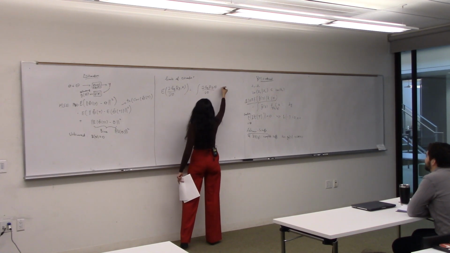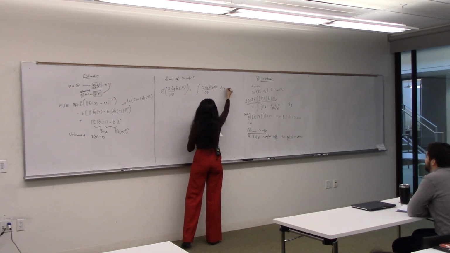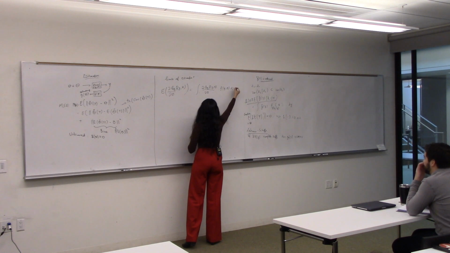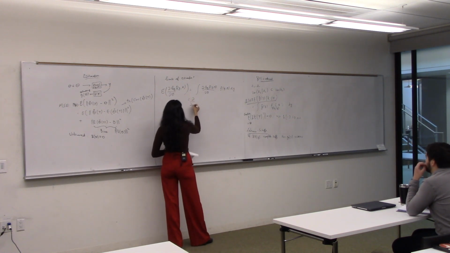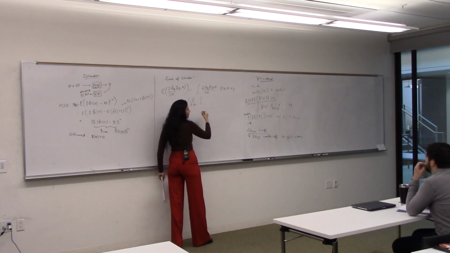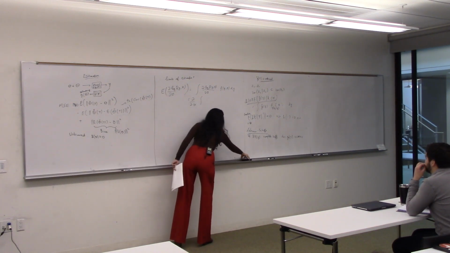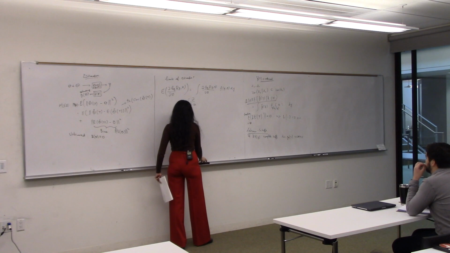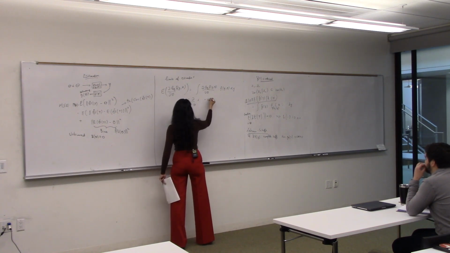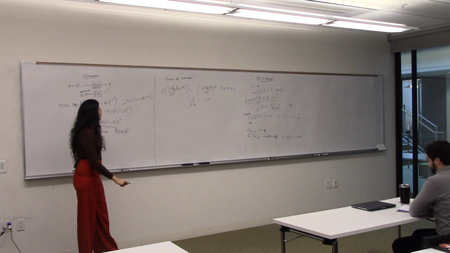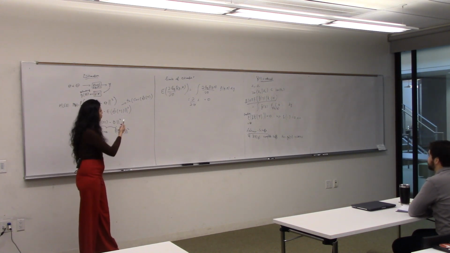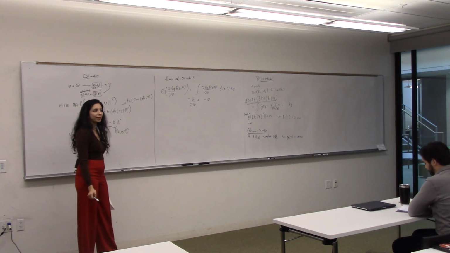Okay, let's do this carefully. Because I still had the derivative, let me take the derivative outside. Okay, then we are fine. So this expectation is 1. So what is the result? 0. Right, so this is a 0 mean random variable.